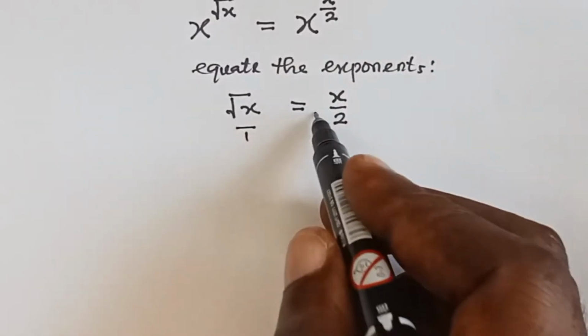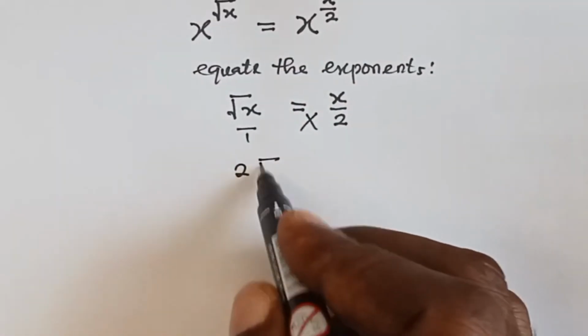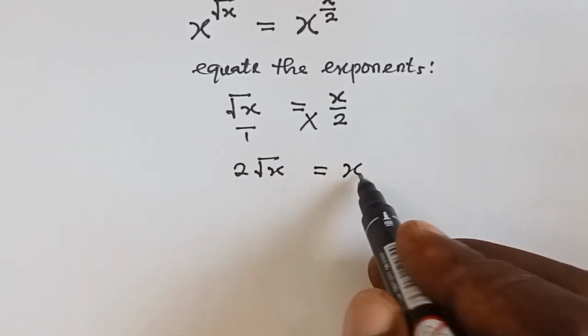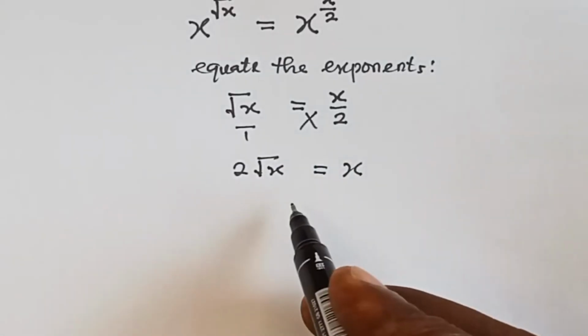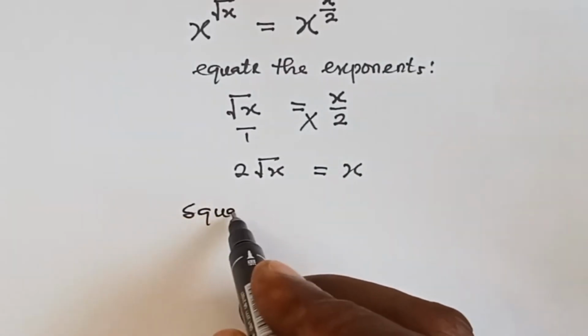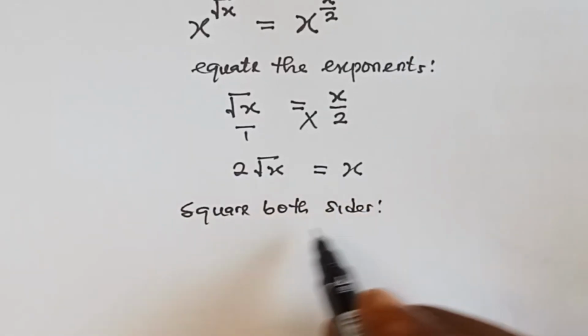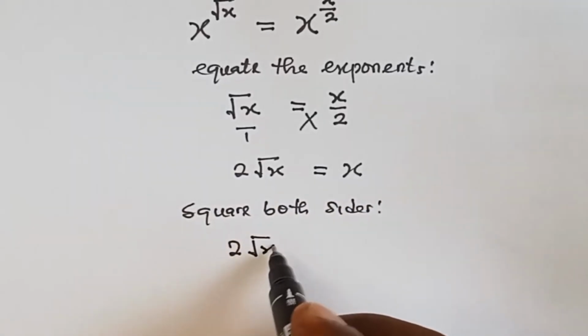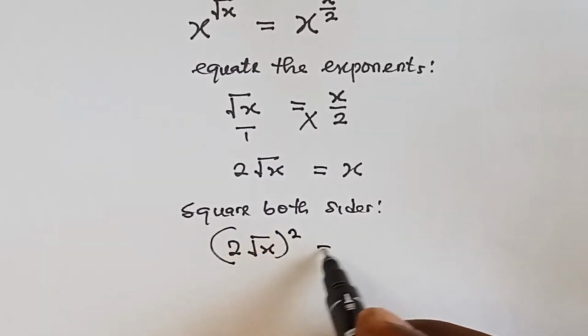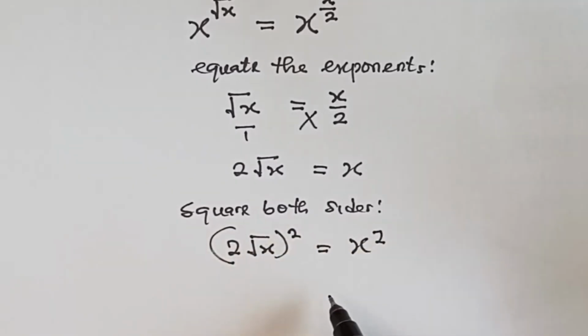When we cross multiply, we have 2 root x equals x, and then let's square both sides. Square both sides, and then we have 2 root x squared equals x squared.